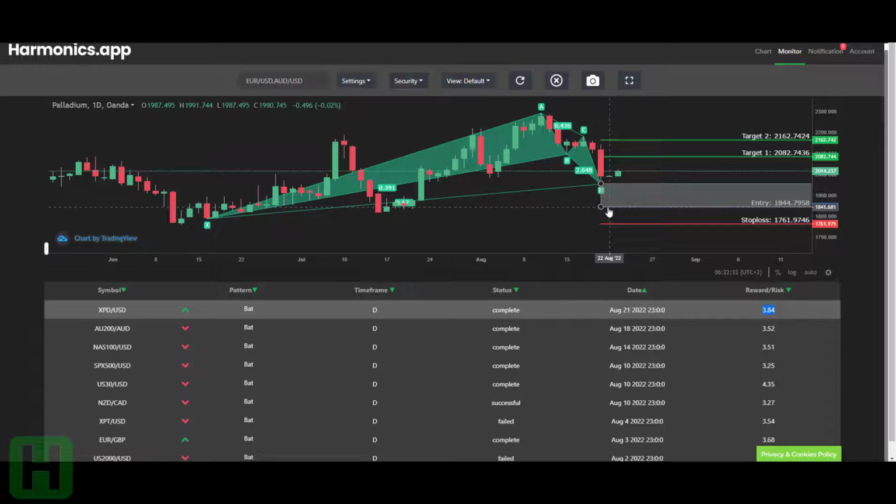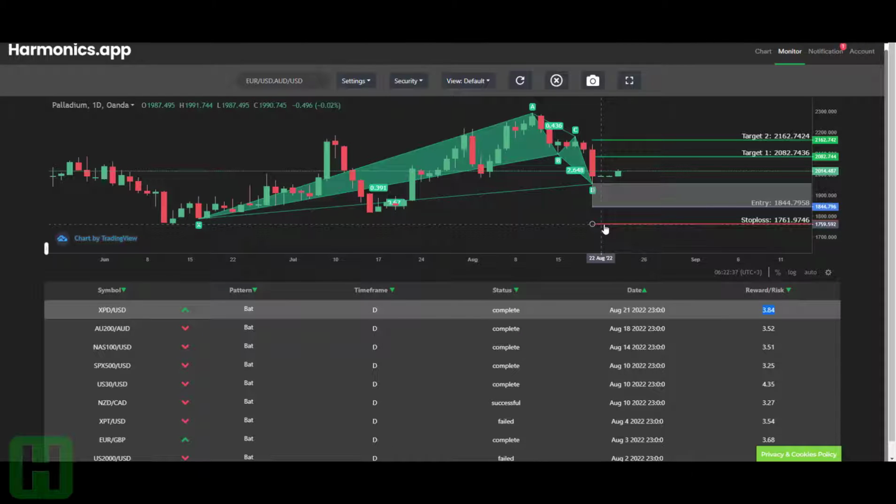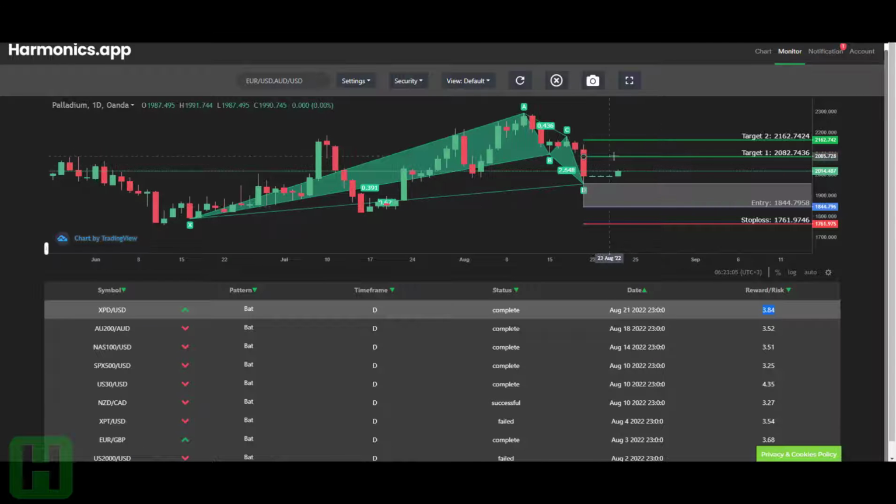So if you enter the trade at this point and put the stop loss here, for example 1%, if your stop loss is reached it will give you a minus 1% of your trading account. But if you enter here and the trade goes in your direction and reaches target 2, which is 2162, you will have 3.84% in profit.